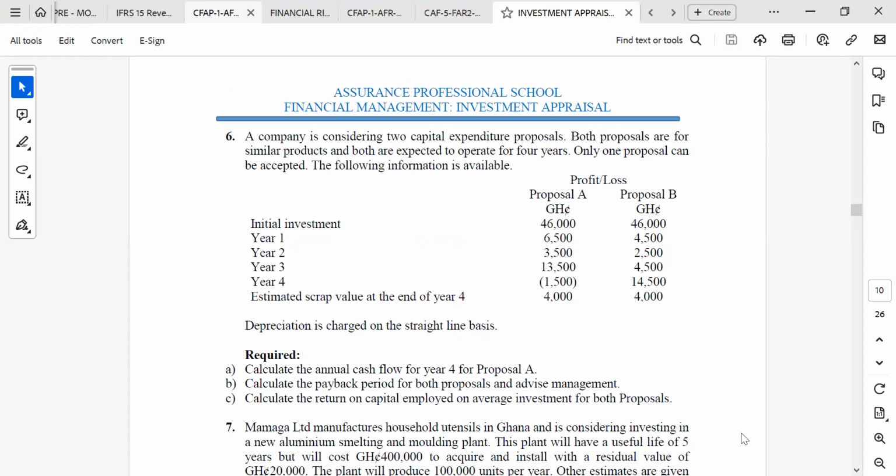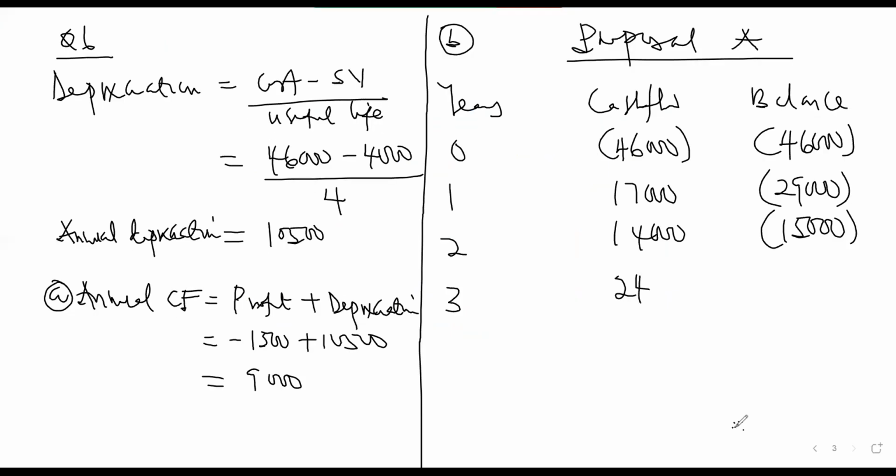Is it 24,000? 24,000. Okay. What will be the balance? That would be positive 9,000.